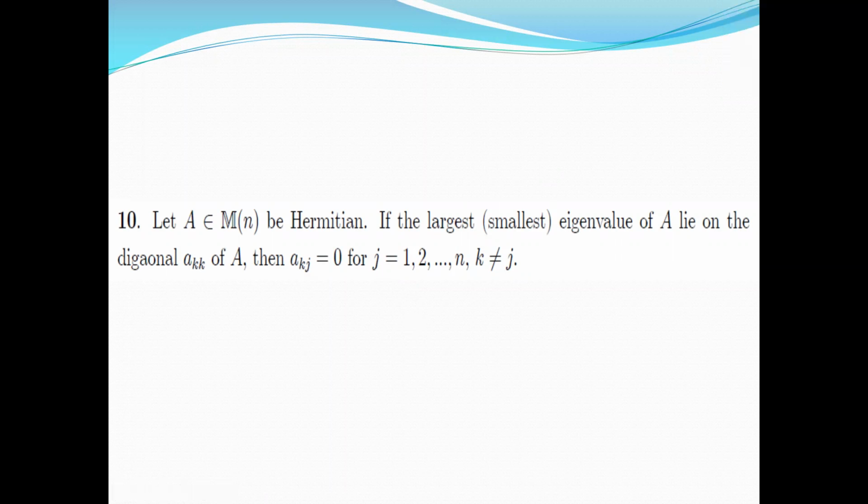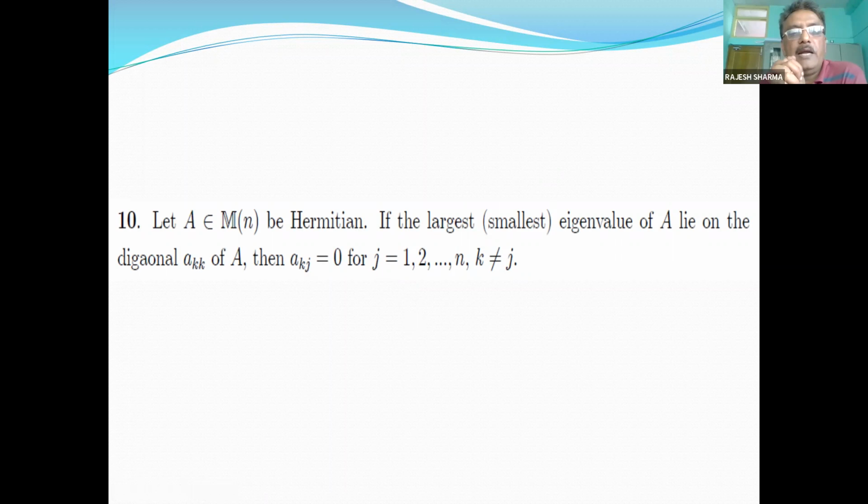Next, let A belonging to Mn be Hermitian. If the largest or smallest eigenvalue of A lies on the diagonal entry akk of A, then akj is equal to 0 for j from 1 up to n, k not equal to j.